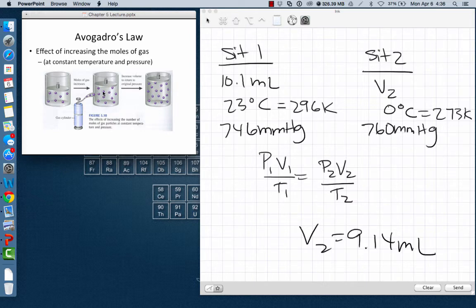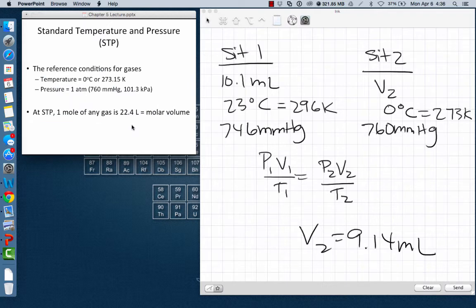Obviously, if we add more moles of gas, it's going to increase the pressure because we have more molecules hitting the walls. So in order to return it to the original pressure and keep the pressure the same, we have to increase the volume. That makes sense. If we add more gas, in order to keep the temperature and the pressure the same, we need to add more volume. So the volume is proportional to the moles of gas.